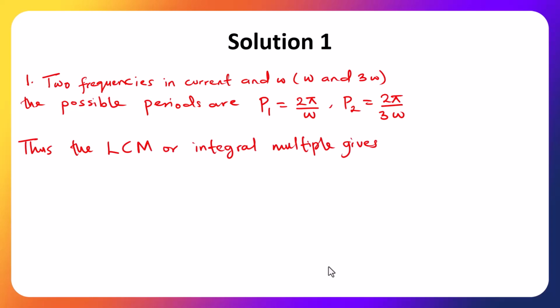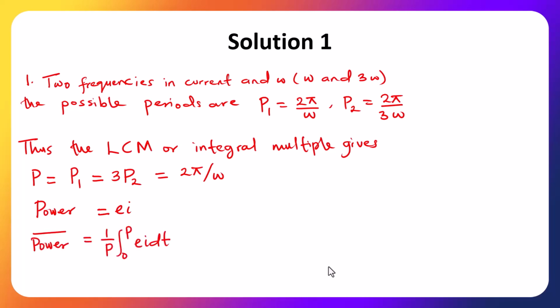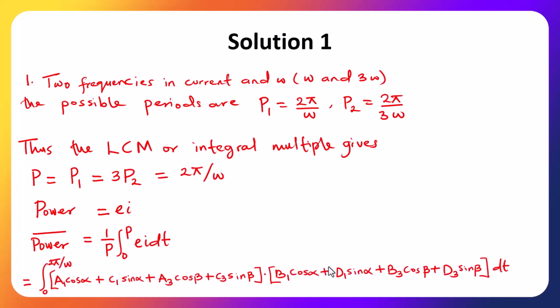So therefore the LCM, or the integral multiple, gives P equals P1, which is equal to 3 P2, which is equal to 2 pi over omega. And we know that power is equal to EI. So the average power, therefore, is equal to 1 over P, the integral from 0 to P, EI dt.